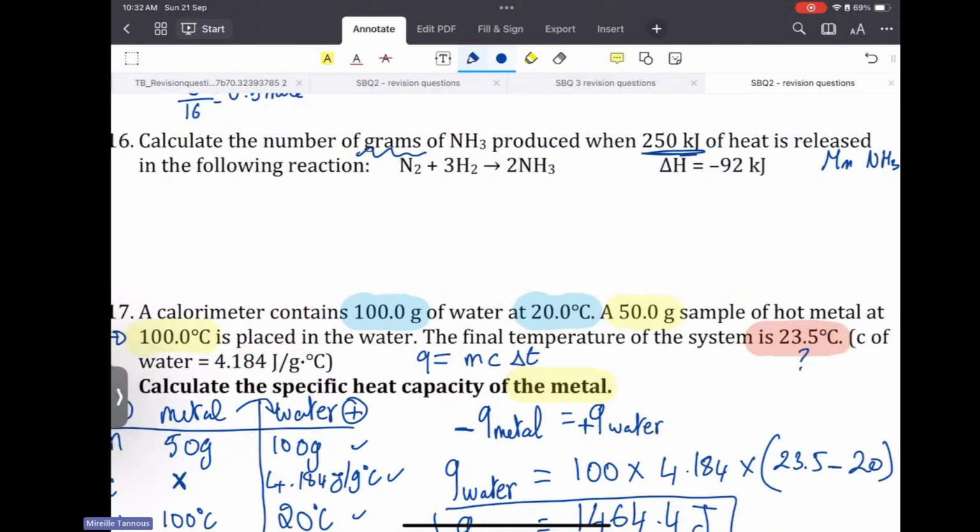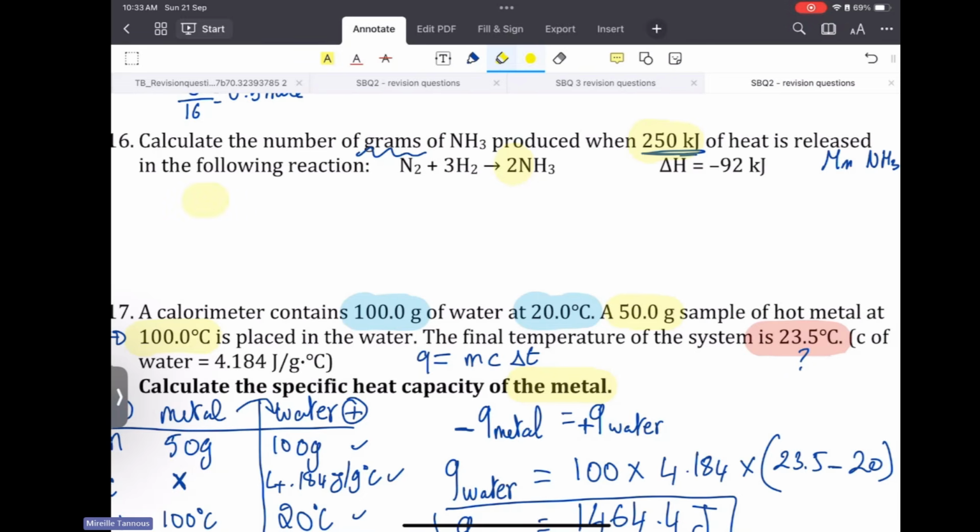So I have the amount of heat released, which is 92. 92 is released for 2 moles of ammonia. Now, if the heat released was for 250 kilojoules, how much mass of ammonia would that be? So, first of all, let us divide.